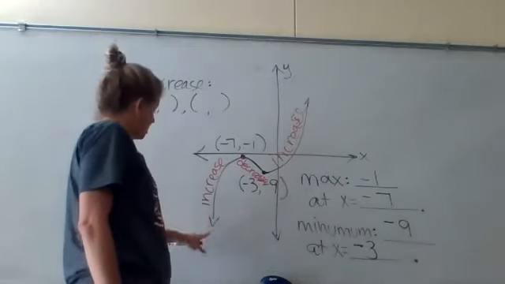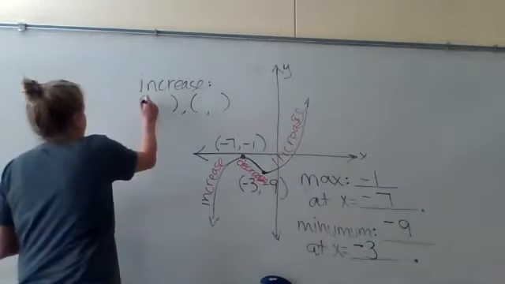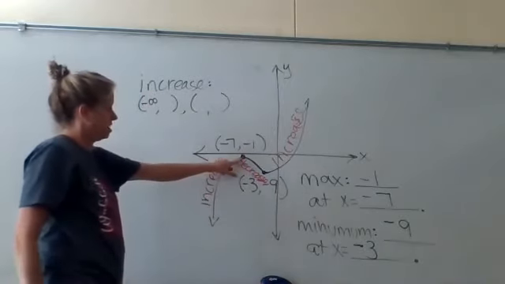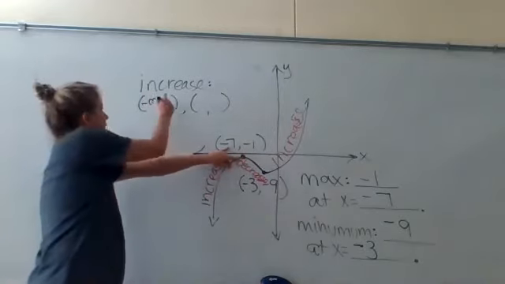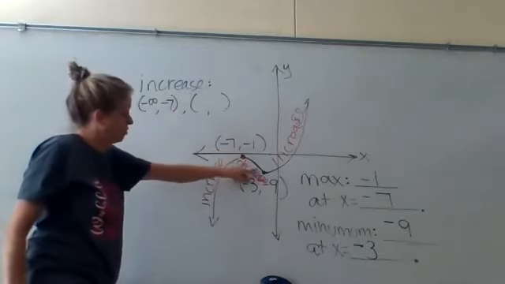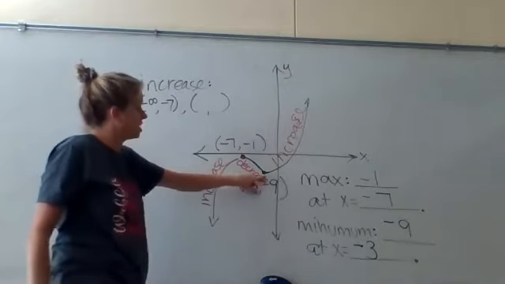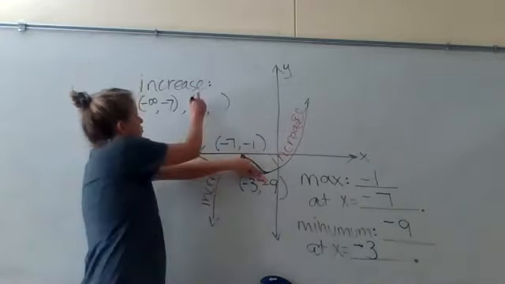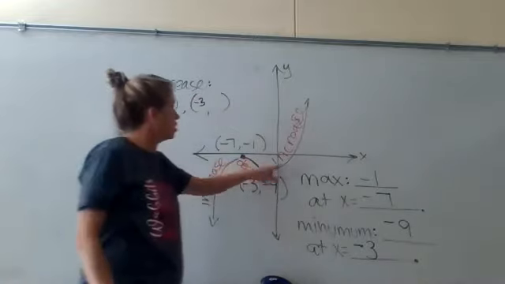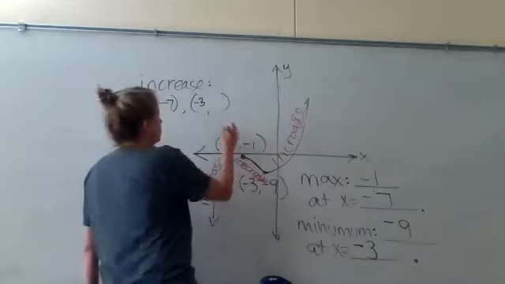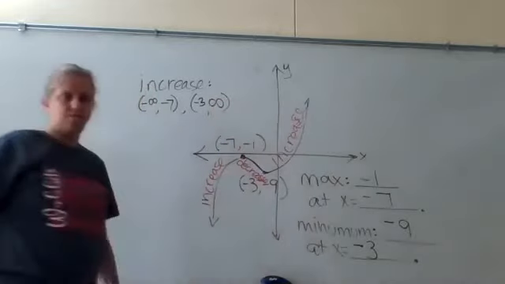I'm starting with the negative arrow. So I'm increasing from -infinity until I get to this point. And the x coordinate of this point is -7. Then I go down for a little bit, but then I start increasing again. What is the x coordinate where you start increasing here? It's -3. And then I increase forever to the right. So I'm going up forever, which means I'm going up to infinity.